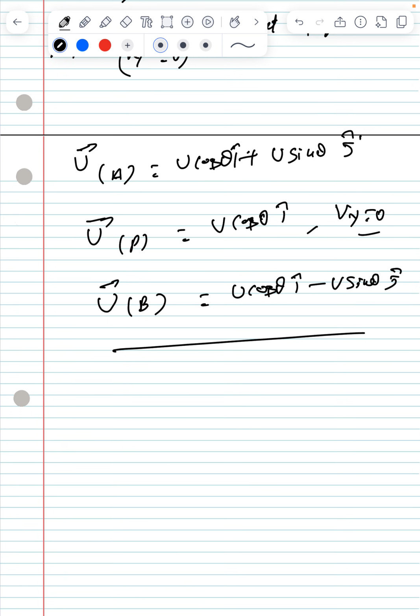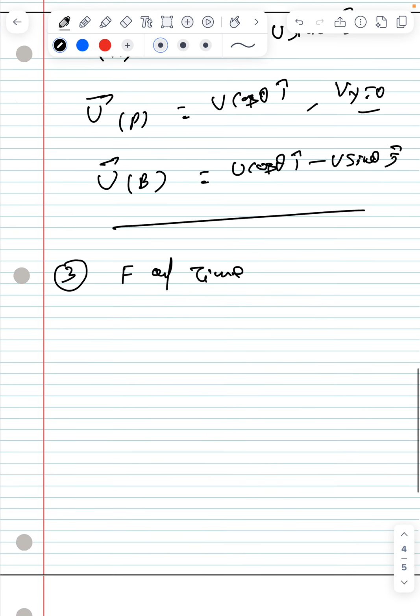And here the projectile velocity at point B is u cos theta i cap minus u sin theta j cap, because the vertical component of projectile velocity acts vertically downward, meaning negative y axis.